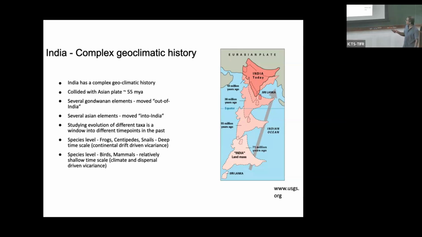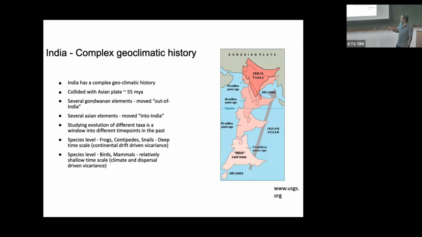And here's a list of different kinds of species. So as I was saying, 55 million years ago, there was a collision with Asia. But in that time, several Asian elements moved into India, yeah, from other places. But there are also other species where vicariance, or basically isolation, has happened because of that drift itself, because of the continental drift.